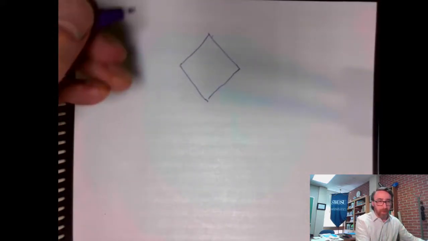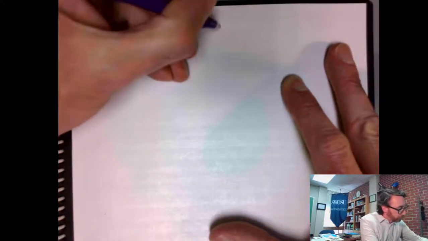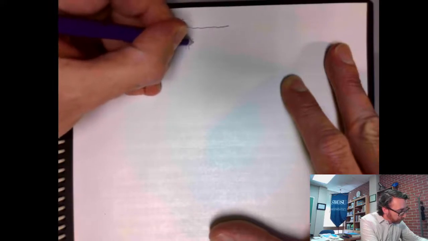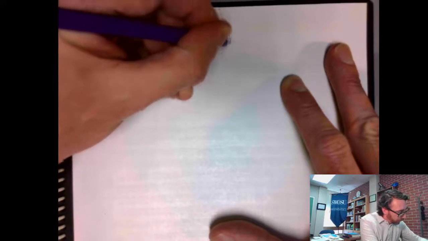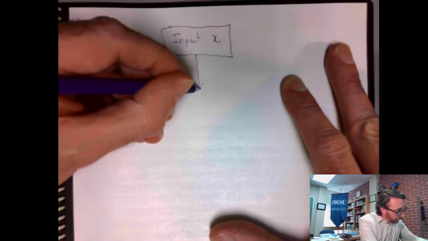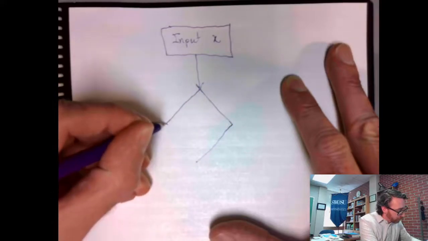The user will input a number. I'll make a little flow chart right here. So we're going to input X. And we're going to make a decision about X.